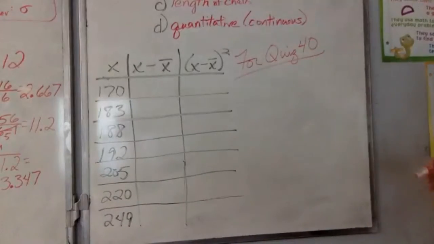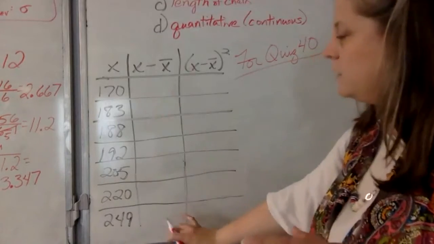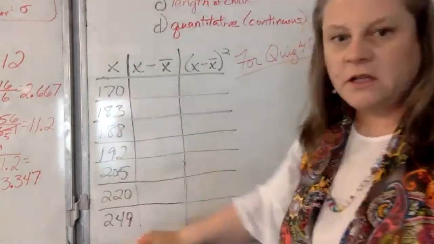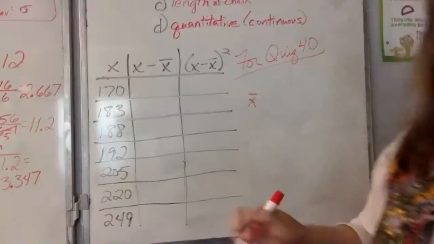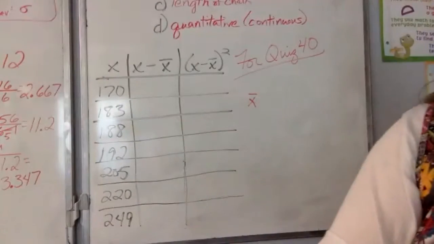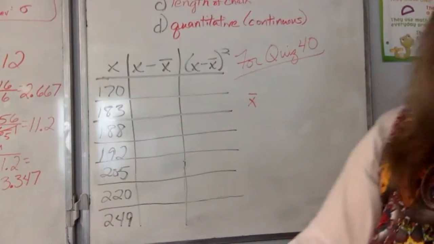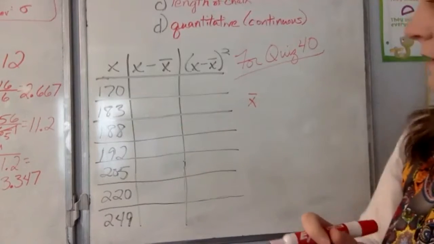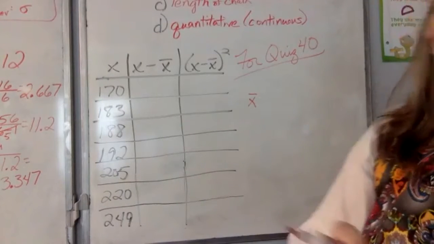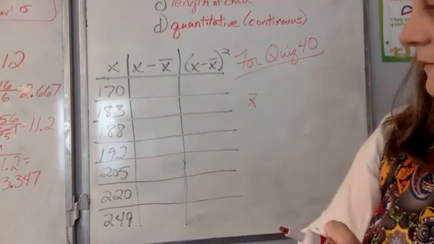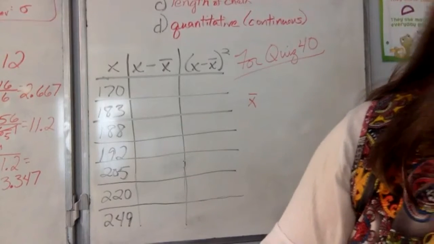So the very first step when we have our table, these are the different data values, is we have to find our mean, our average of those. So we have to add these numbers together. So I'm adding 170 plus 183 plus 188 plus 192 plus 205 plus 220 plus 249.